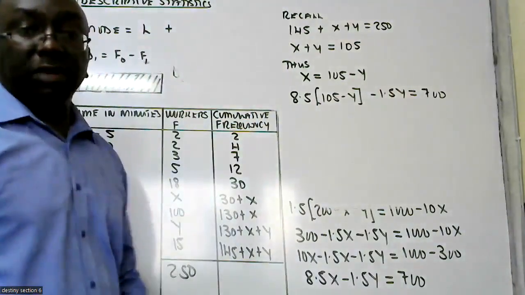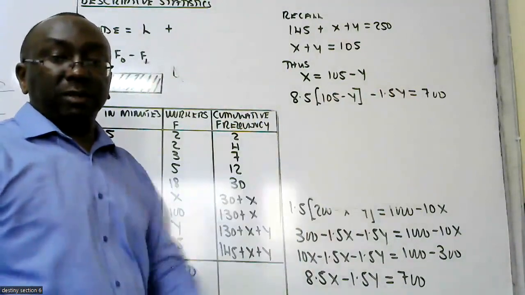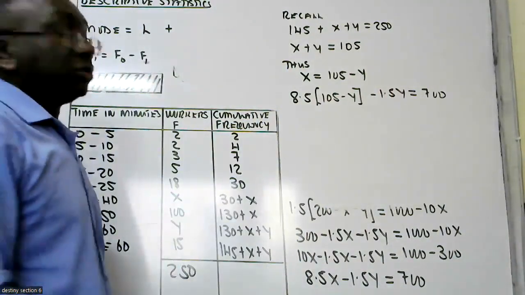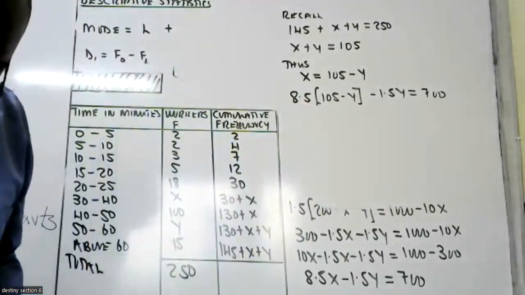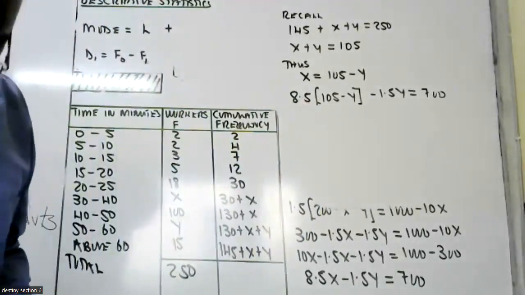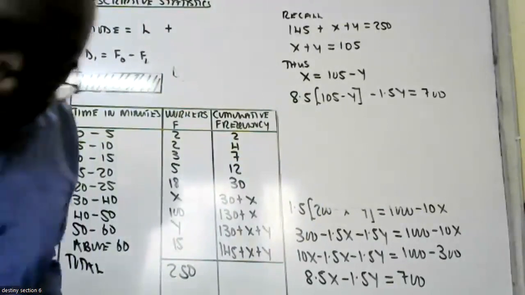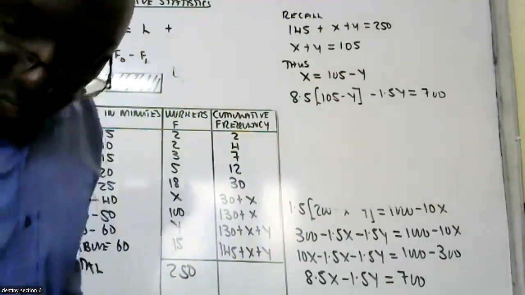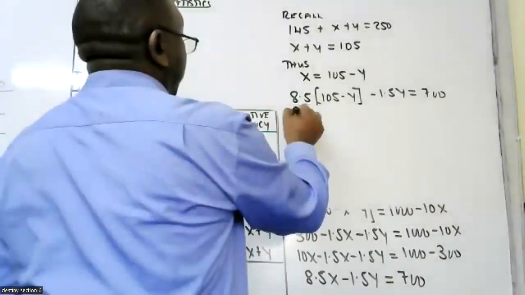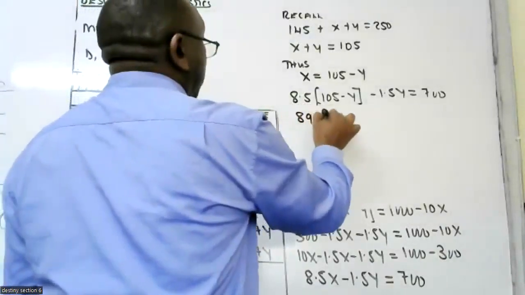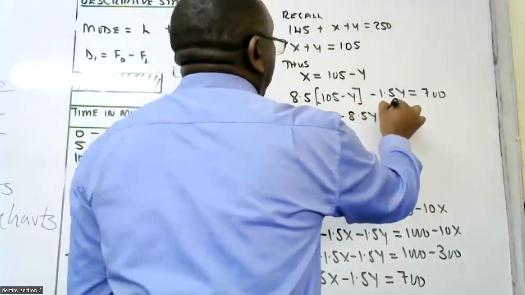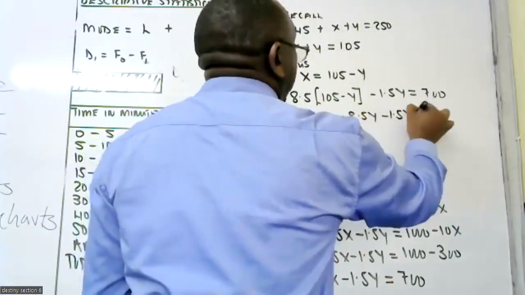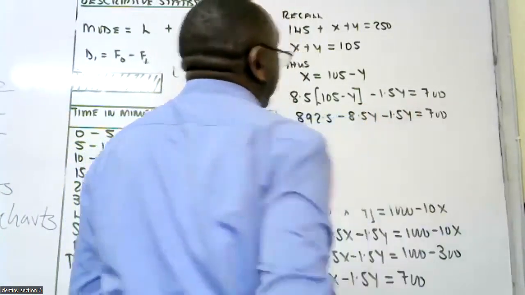I could either use elimination or substitution; here I have used substitution. So this now becomes 8.5 times 105, which is 892.5, minus 8.5y minus 1.5y is 700.